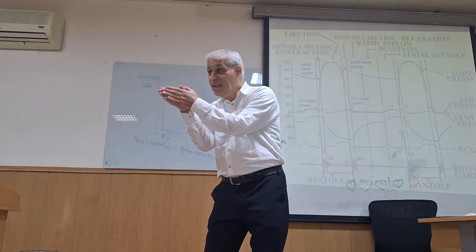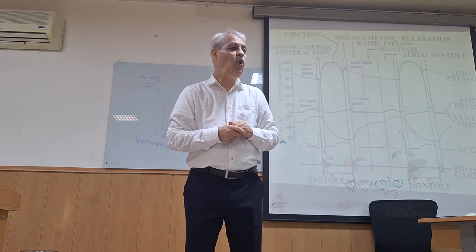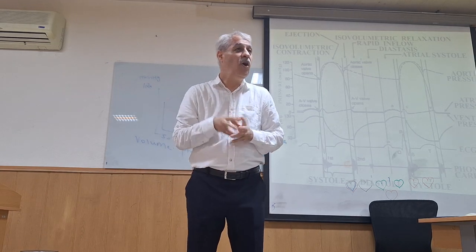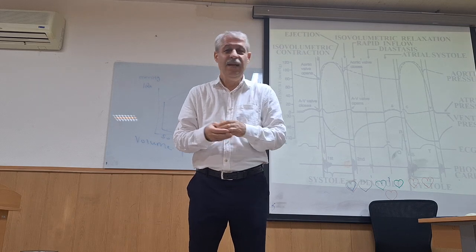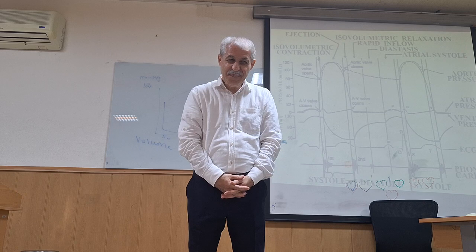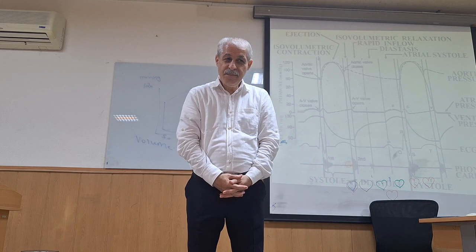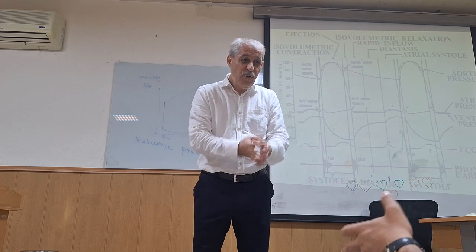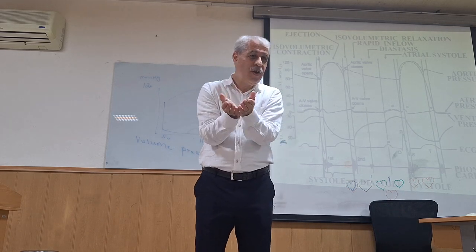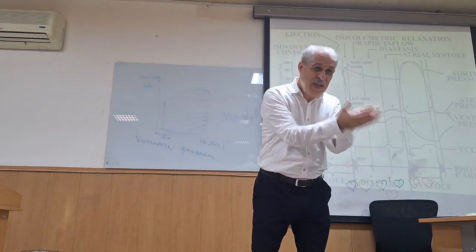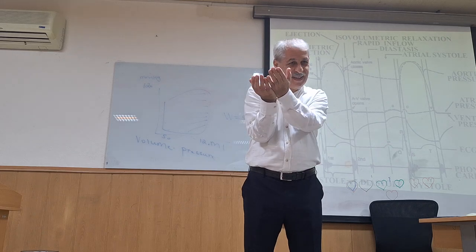Because 90% of the energy that is used is coming from oxidative phosphorylation in the presence of oxygen, the amount of oxygen the heart uses is very near to the amount of energy used.